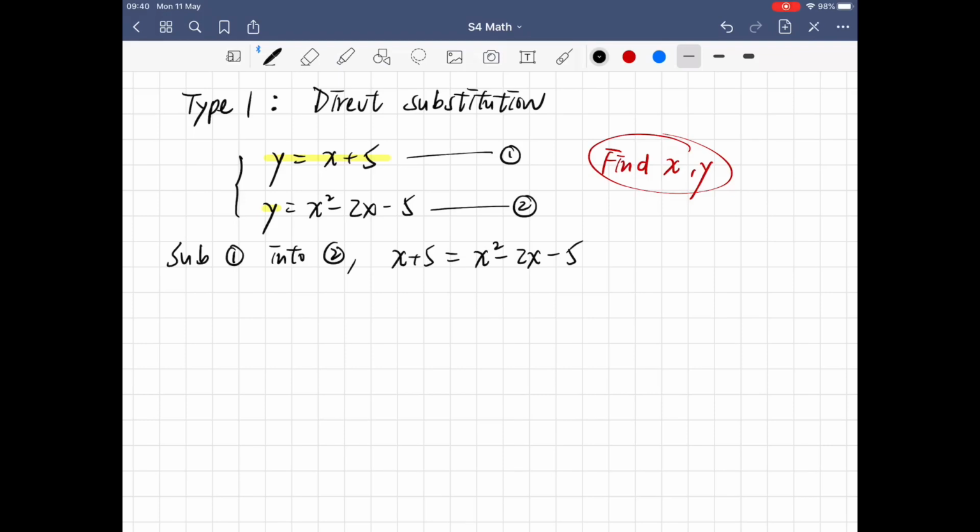And in order to solve the quadratic equation, we have to make one side into 0. So that we have to put all the terms on the left hand side to the right hand side. And we have x squared minus 3x minus 10.